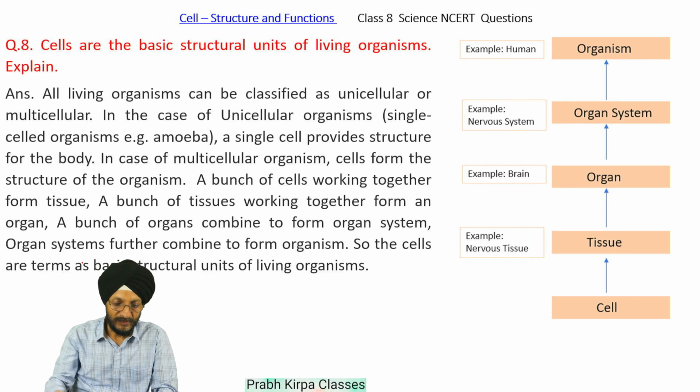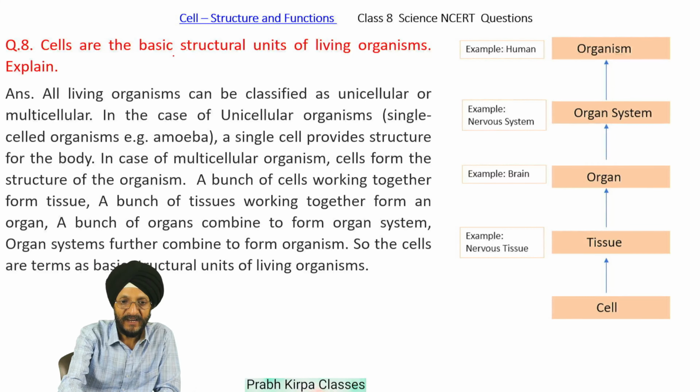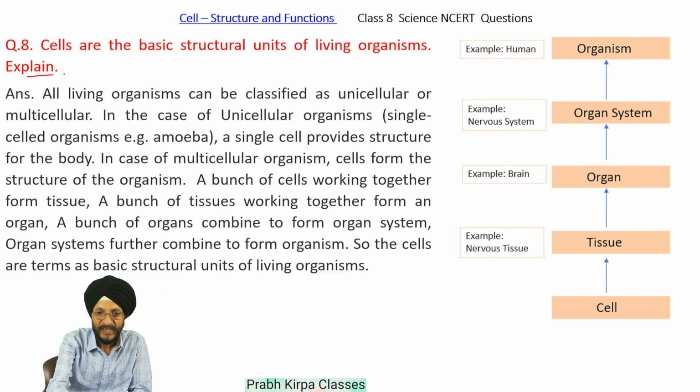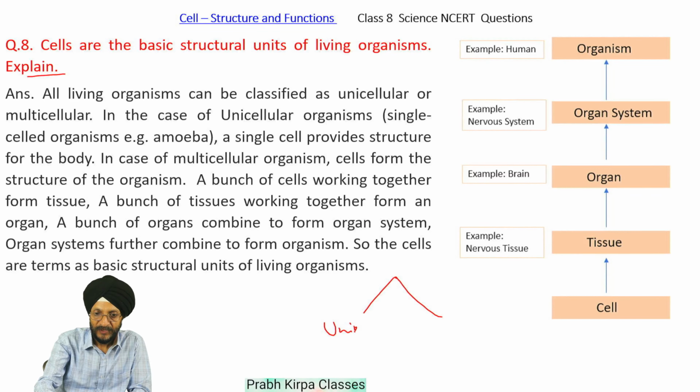Now, question number 8. Cells are the basic structural units of living organisms. Explain. As we know that living organisms can be classified into two types: unicellular and multicellular.